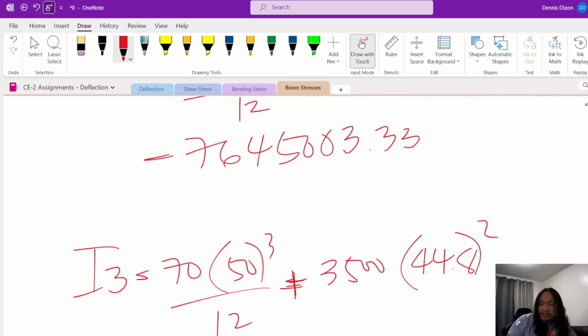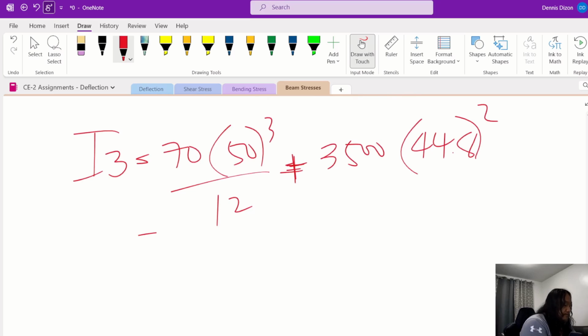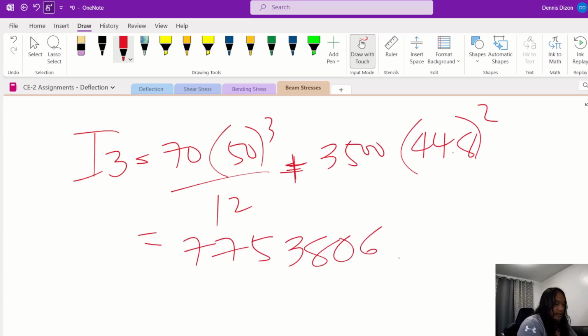So I3 is equal to 70 times 50 cube divided by 12 plus 3,500 times 44.8 squared. This is 7,753,806.667.